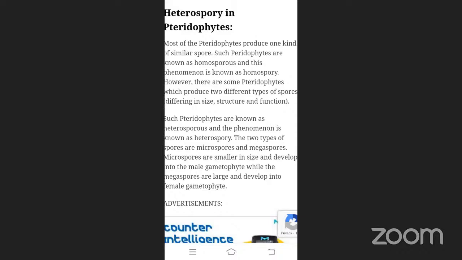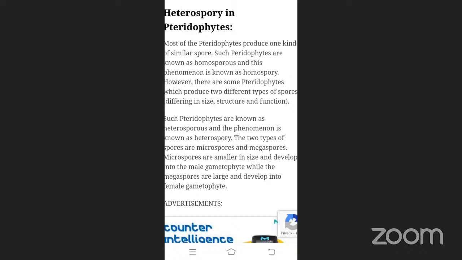So this is the homosporous condition. When they germinate, they are in monoecious condition, bearing both male and female reproductive organs.